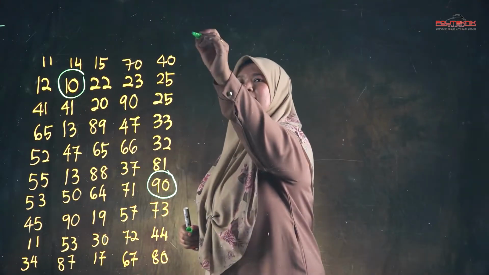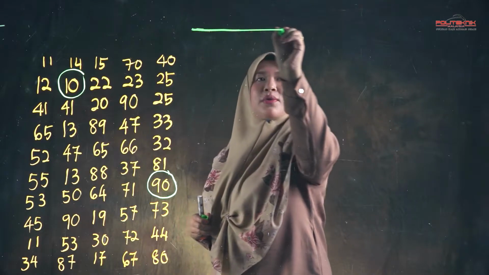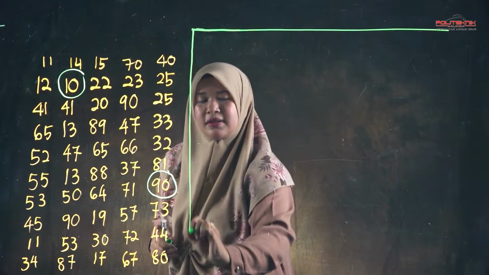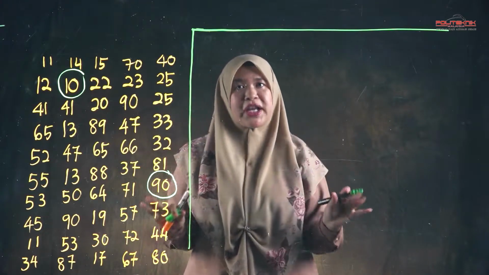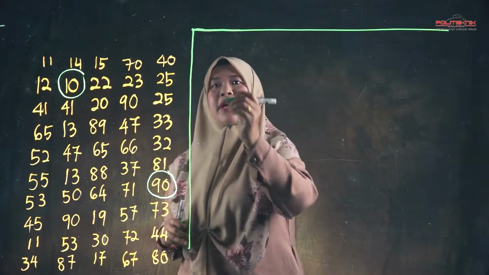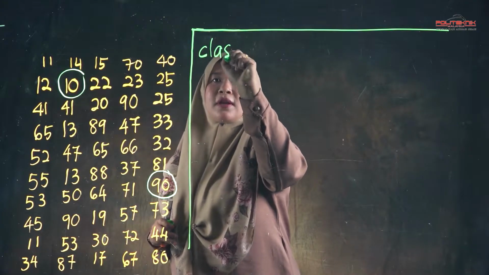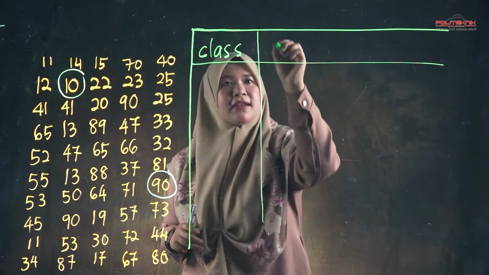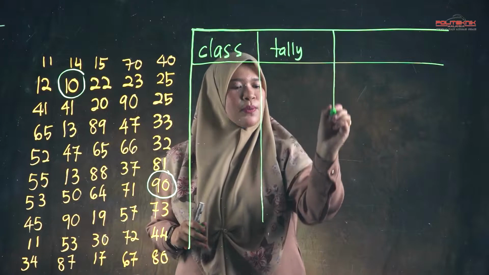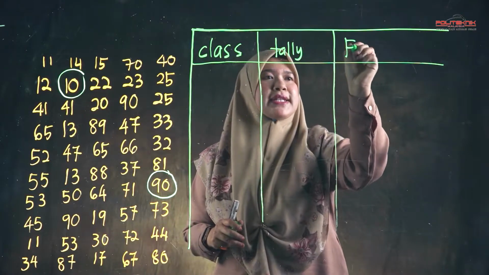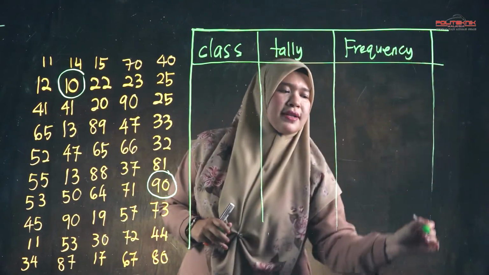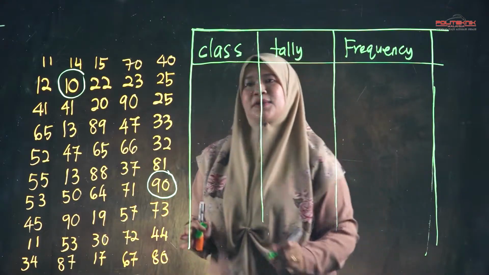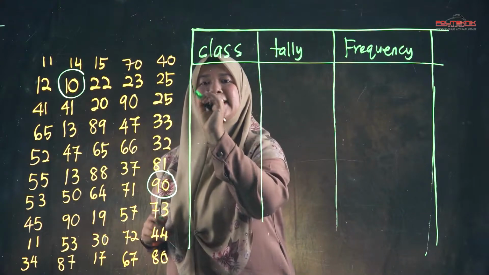So we just need to write down our frequency table. We need a table which consists of 3 columns. The first column we write as class, the second column as tally, and the last as frequency. As I mentioned before, we are going to have 7 classes, so that means we have 7 rows.